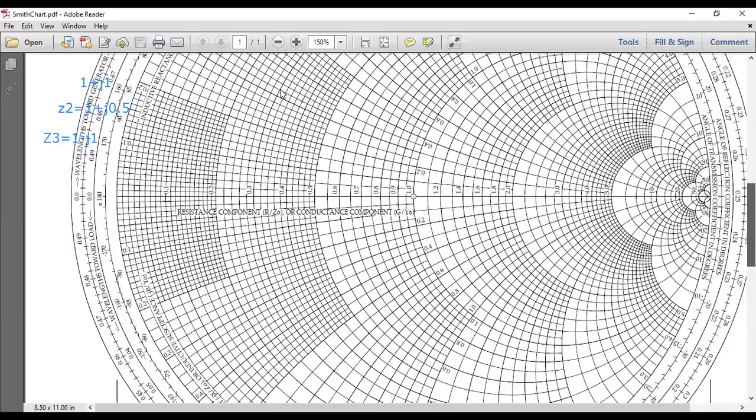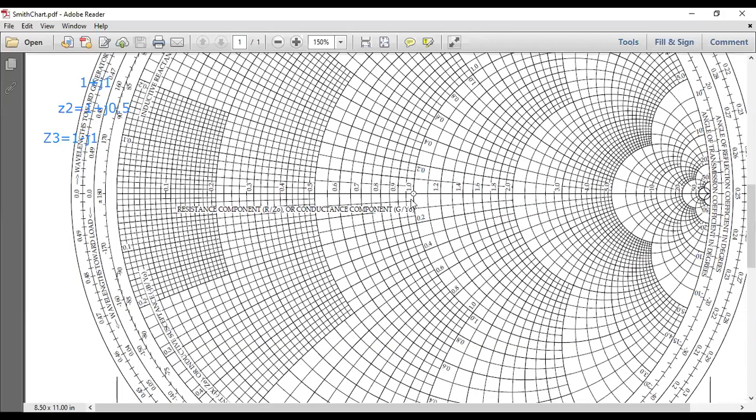So this is 1, this is 1.2, this 1 means it is the resistance part. Now this 0.2 is the reactance part. As I'm going down, it is the reactance part, that is 0.2, this is 0.4, and this is 0.6, 0.8, and 1. So 1 minus j1 is this. Here I'll get 1 minus j1.